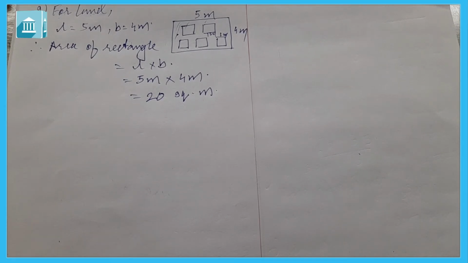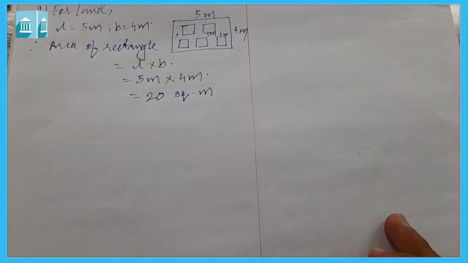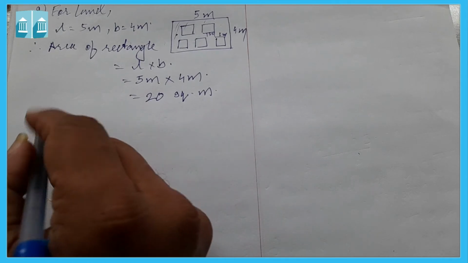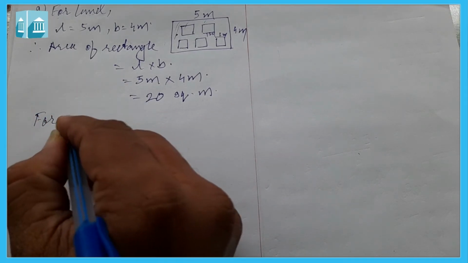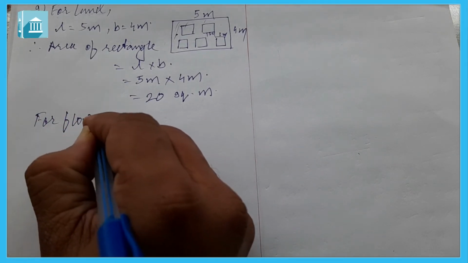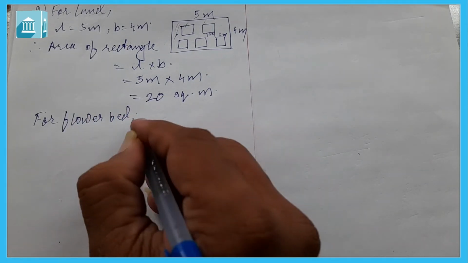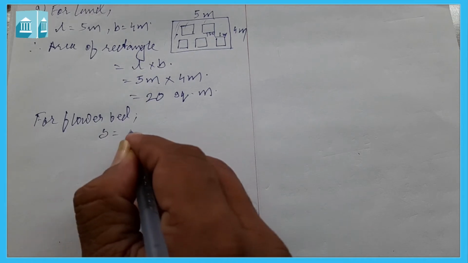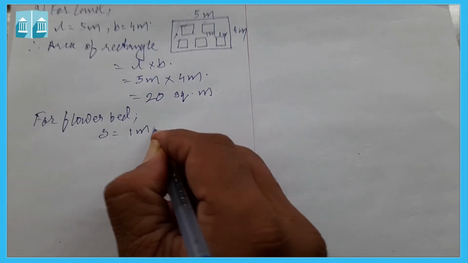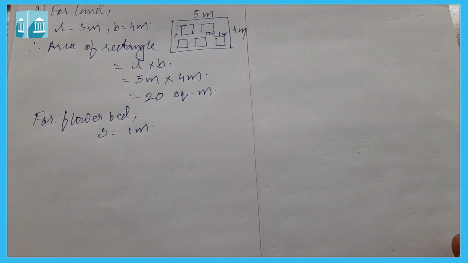Now we will see the area of the flower bed. For the flower bed, side is given 1 meter.